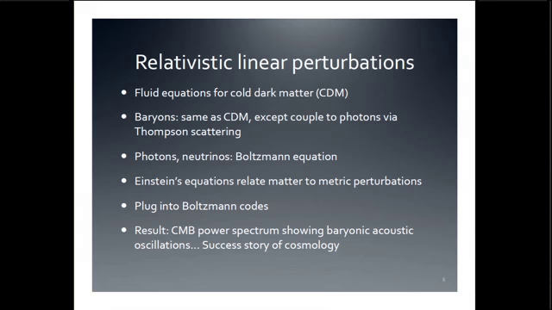We have to do the Boltzmann description, again taking this phase-space distribution, but taking more moments. In fact, it turns out to be an infinite hierarchy in that case. We supplement this with Einstein's equations, which are basically Poisson's equation, but applied to large scales as well. Plug into the Boltzmann codes, and the results are the well-known CMB anisotropies on linear scales, which have proven really successful. So that's a success story of large-scale structure and cosmology.